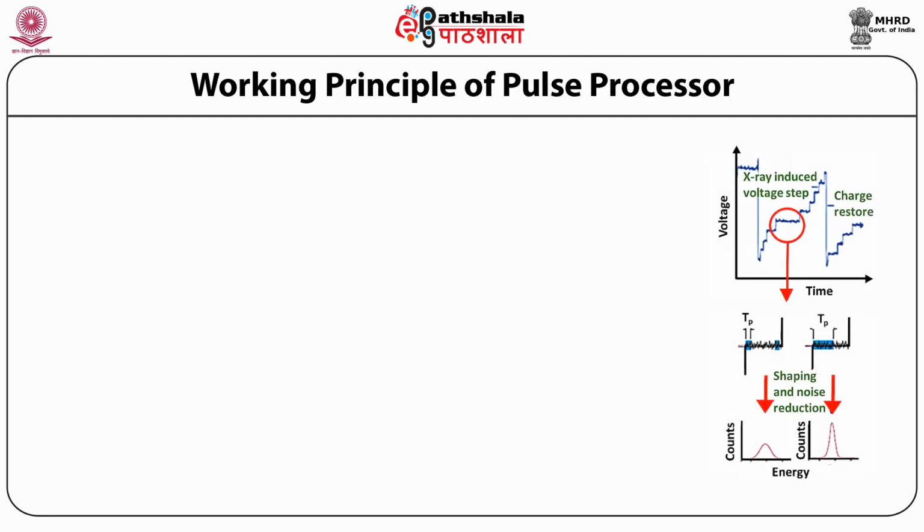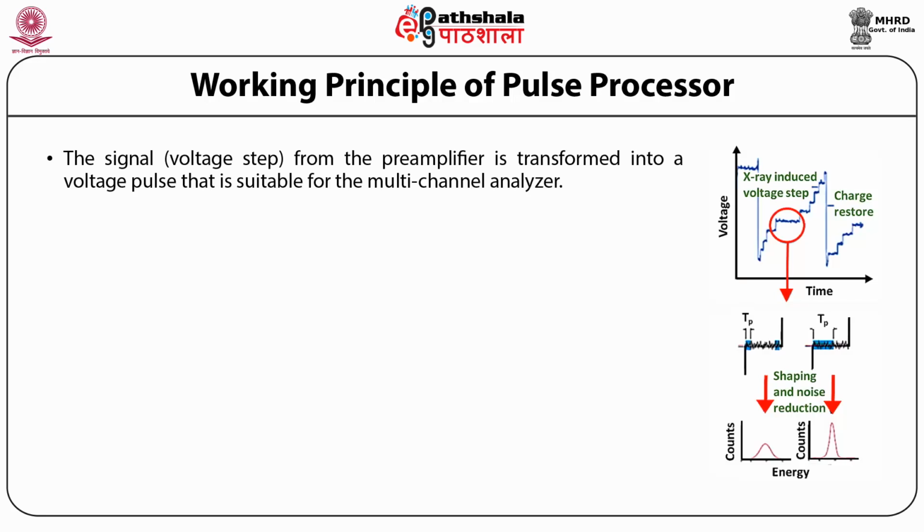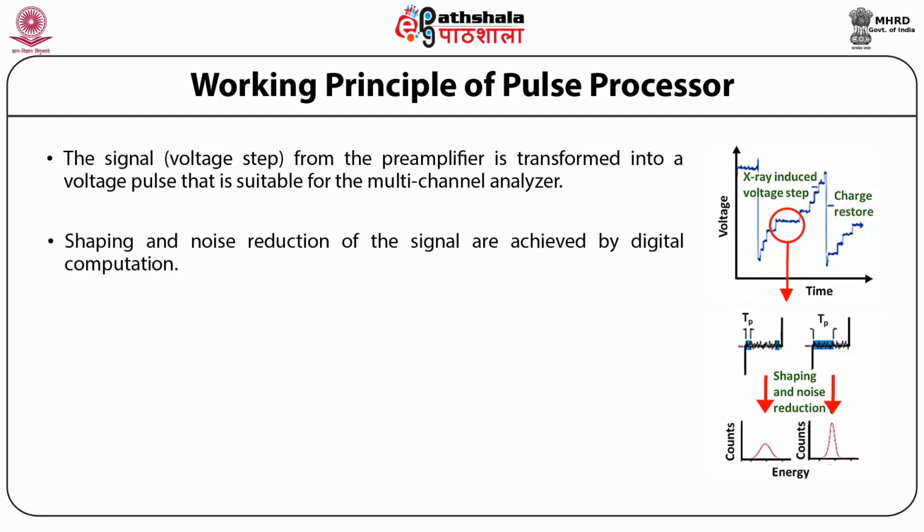In the pulse processor, the signal, that is the voltage step from the preamplifier, is transformed into a voltage pulse that is suitable for the multi-channel analyzer. Shaping and noise reduction of the signal are achieved by digital computation.